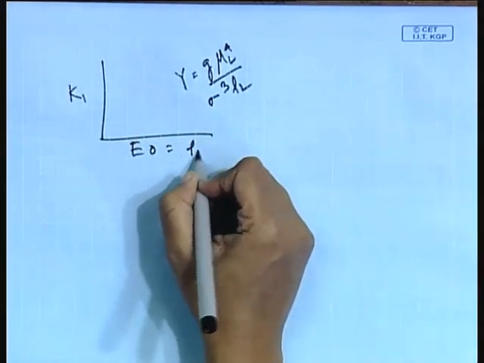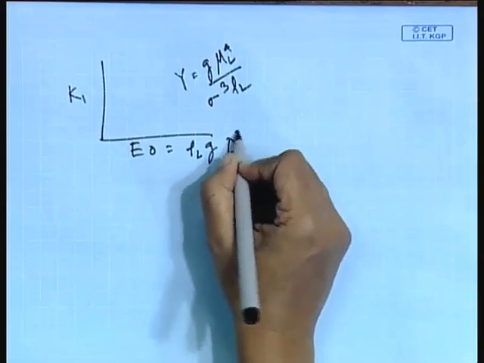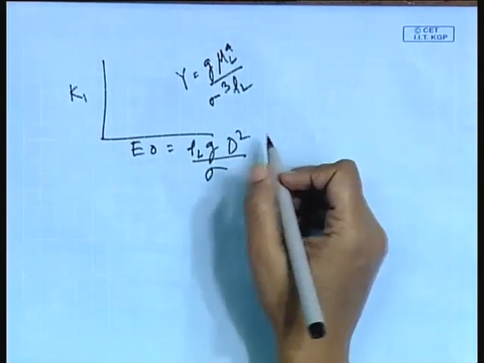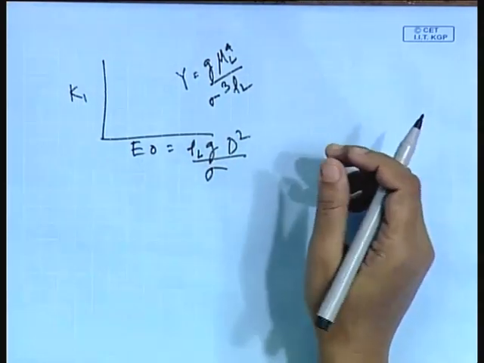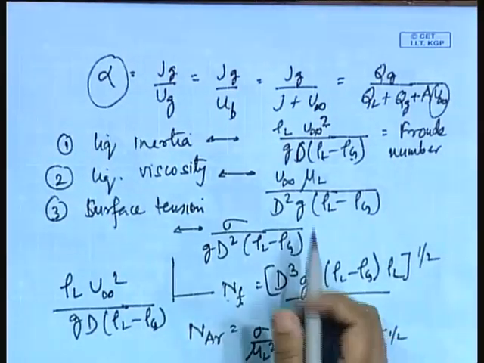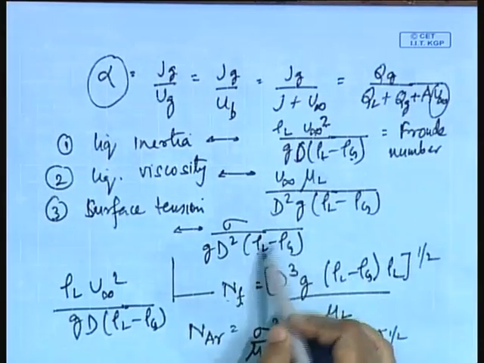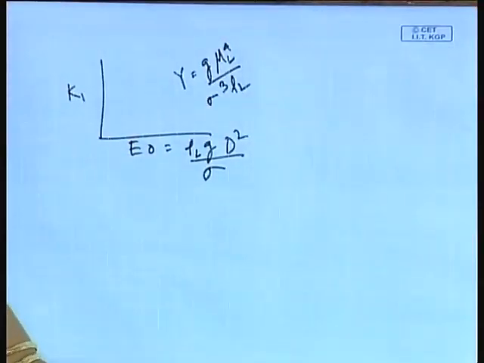In this particular case, this is rho l g d square by sigma. This is the dimensionless Froude number. We have obtained them from the same previous groups which I have already shown you. From these particular groups itself, by different combination of these three groups, we have obtained the set of curves which I have shown here in this particular transparency.